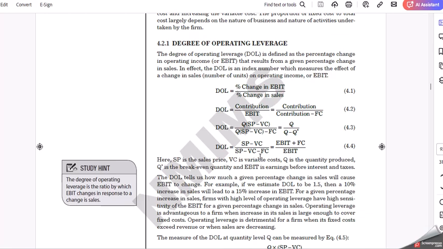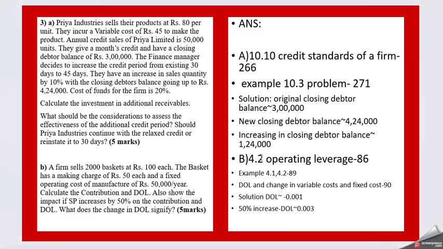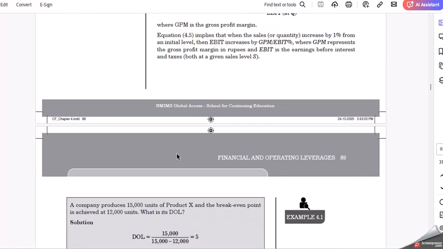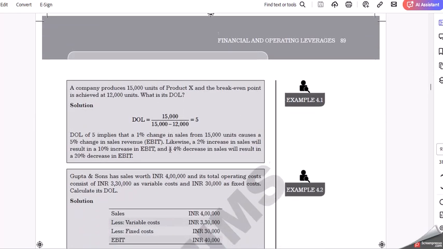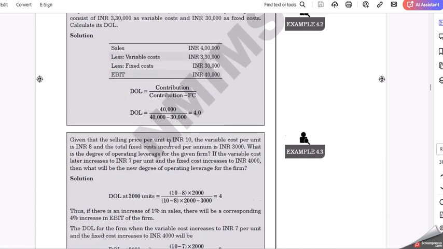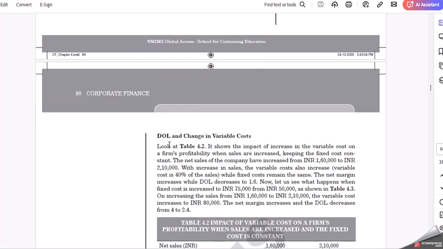So this is the formula. Again, as an example, 4.1, 89. You can take up this one, a very simple example of how to calculate DOL, how the parameters are given and how the values have been used here.